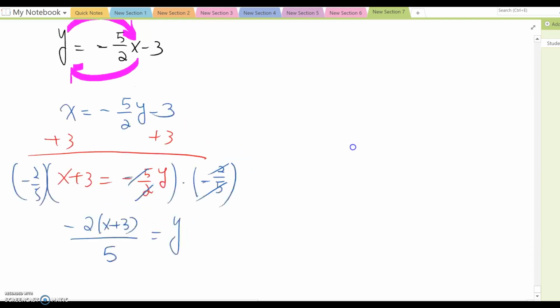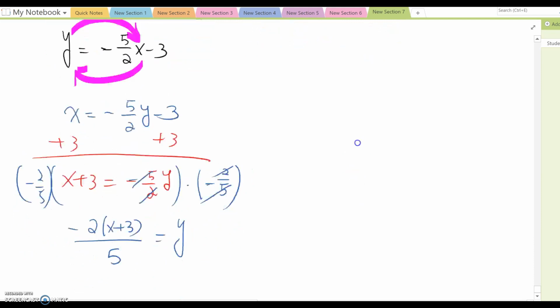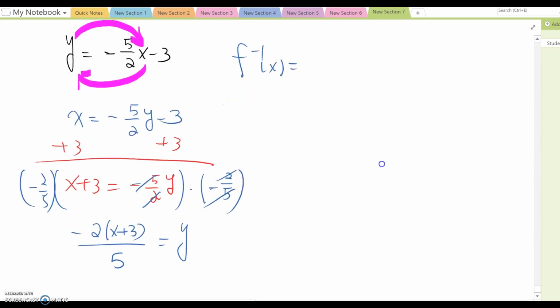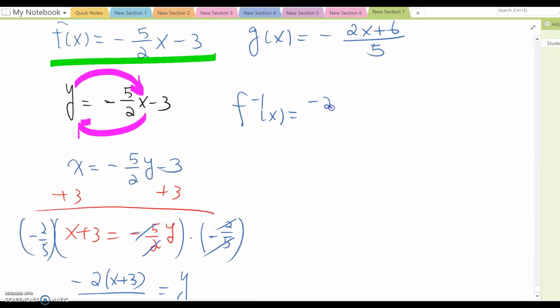Okay, therefore we can rewrite f inverse of x equals negative 2x plus 3 over 5.